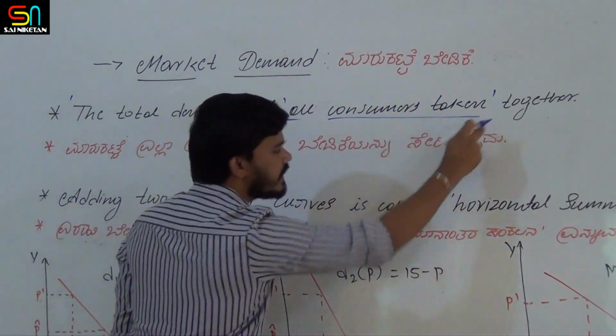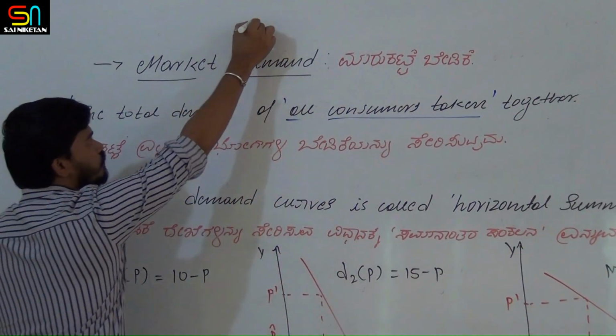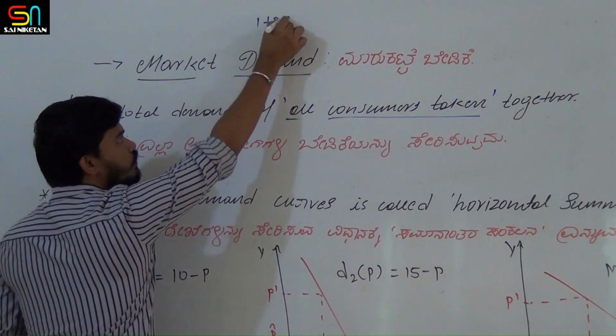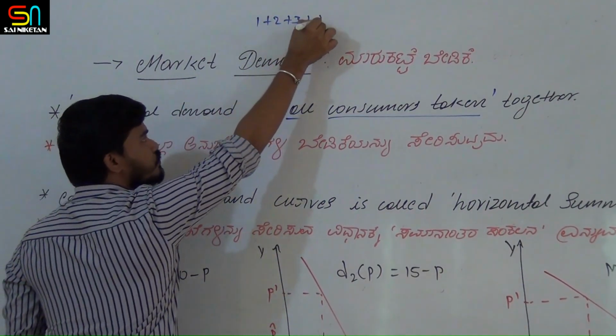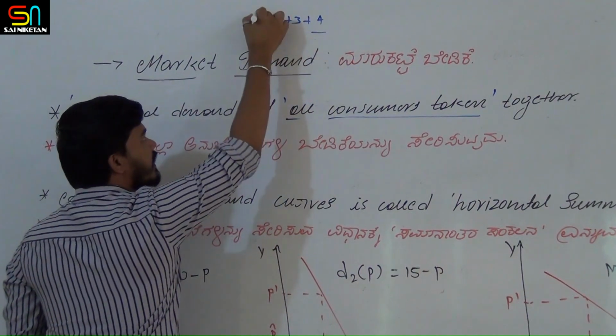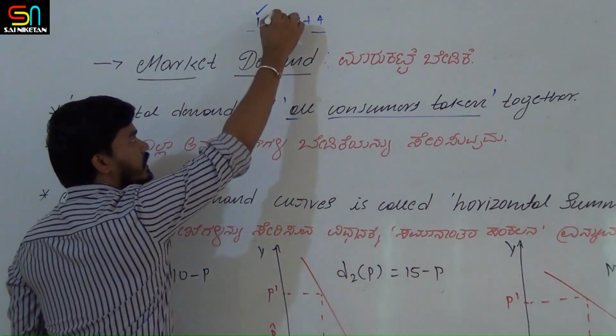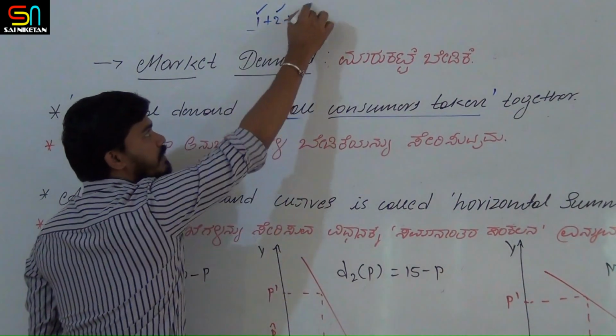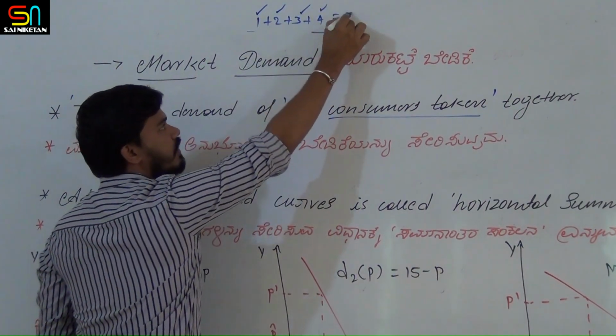All consumers taken together. For example, consumer 1 plus consumer 2 plus consumer 3 plus consumer 4, all their individual demands, demand 1, demand 2, demand 3, demand 4, give the market demand.